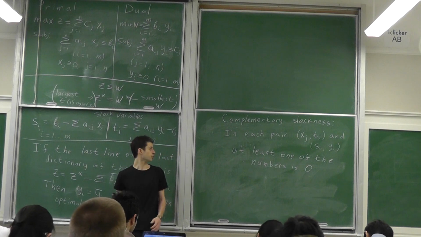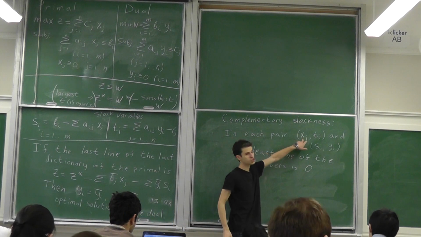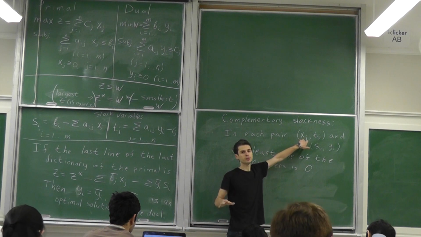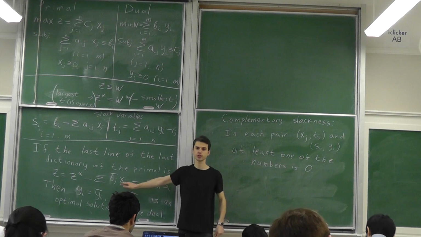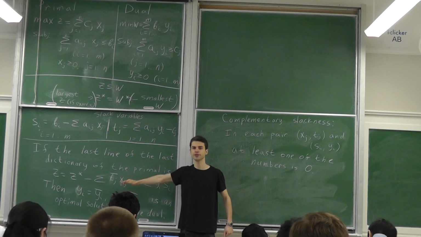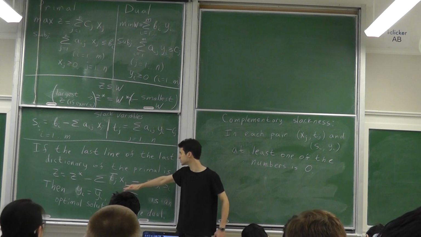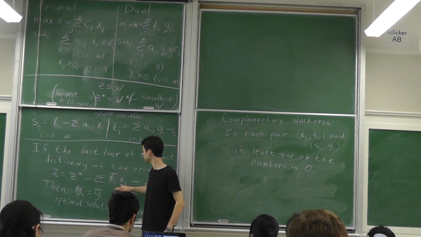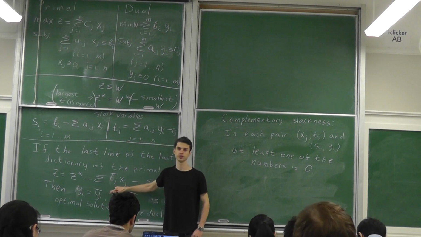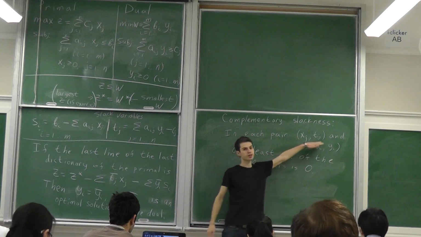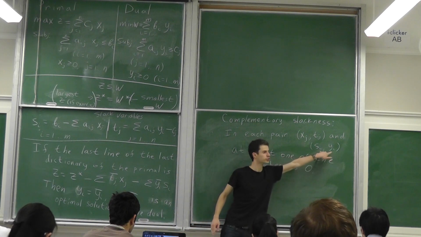So if you know, for example, that x_j happens not to be 0 in the optimal solution here, it means that it was a basic variable here. It means that it comes with coefficient 0 in this line. And that's how this follows, similarly for this pair.